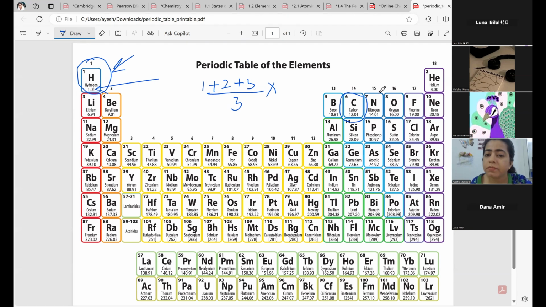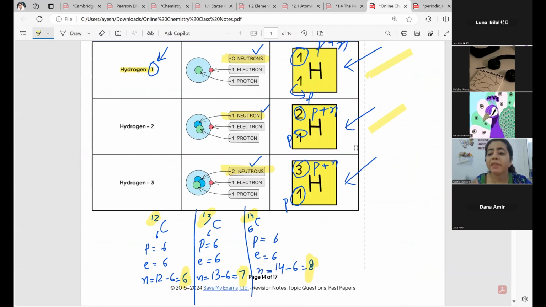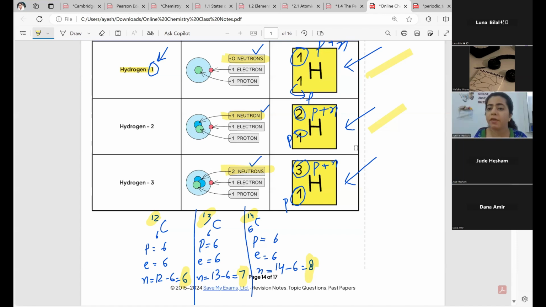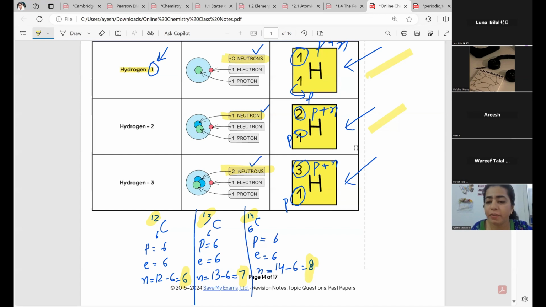For example, hydrogen has 3, and carbon has 3. This number is fixed. So they have a fixed isotope, but not the same. All elements have different isotopes, but their own isotopes are fixed. That number is not changing.